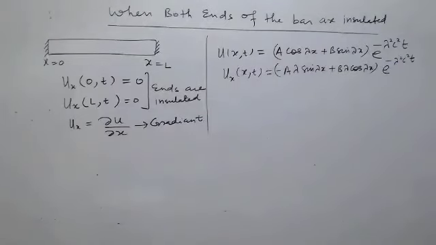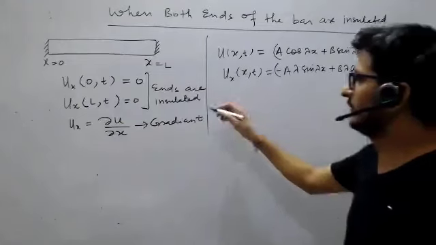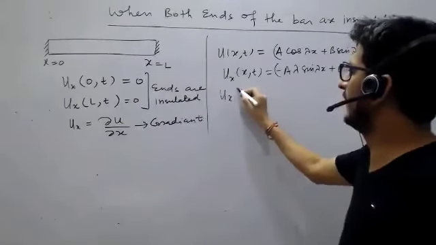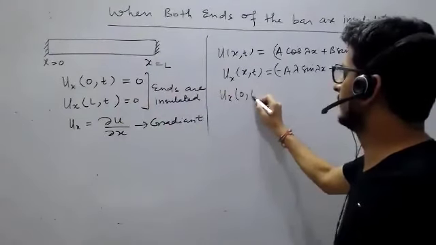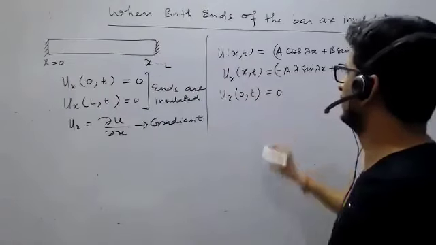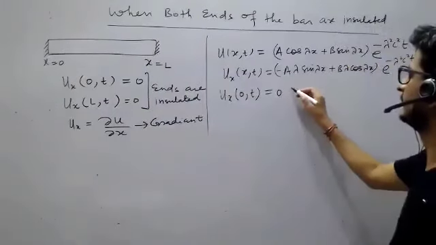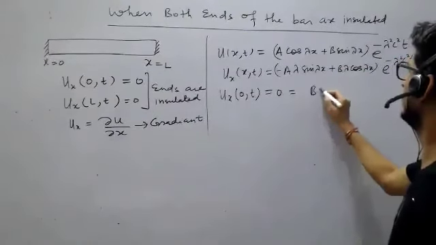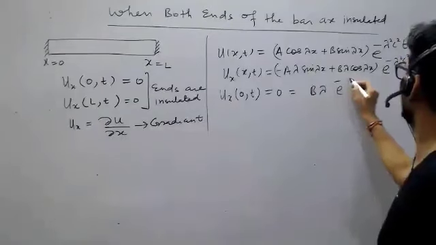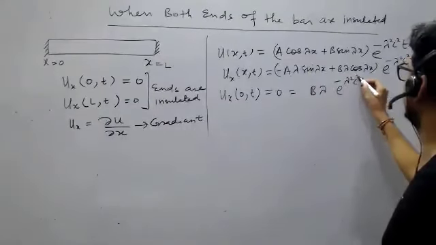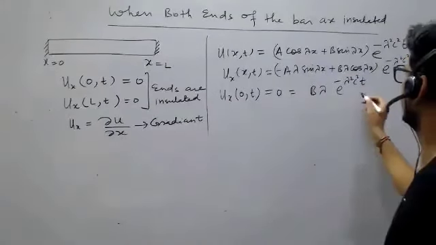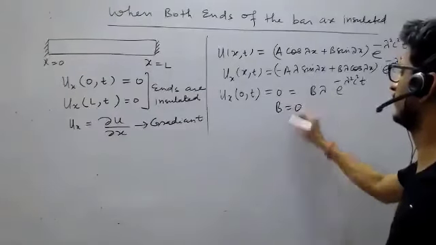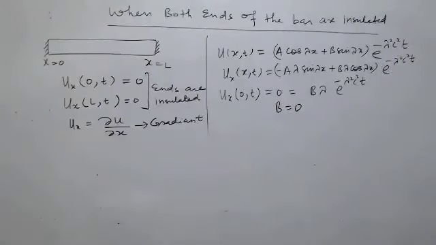Okay. And the first boundary condition is u_x at 0 comma t is 0. So that means it is equal to b lambda e to the power minus lambda square c square t. That means b is equal to 0. Please see this. Correct?